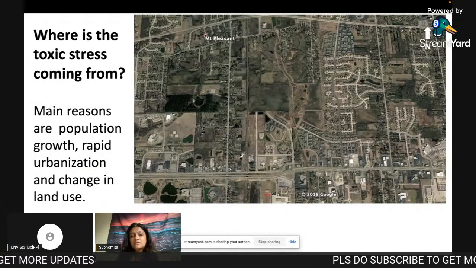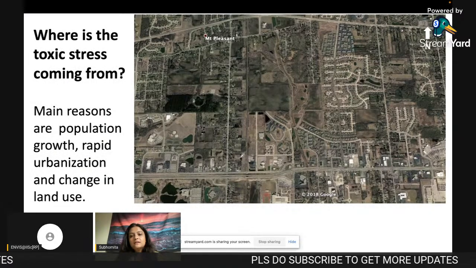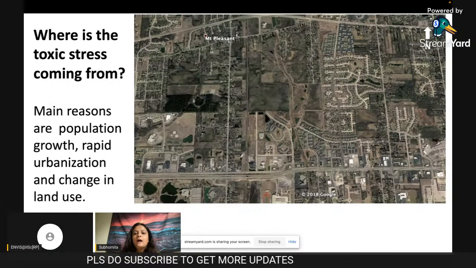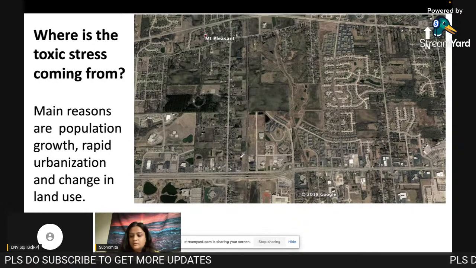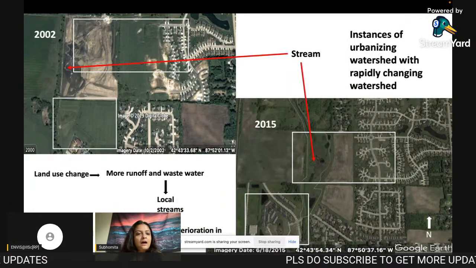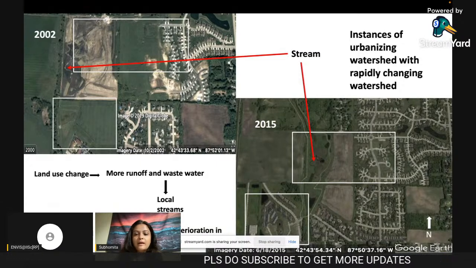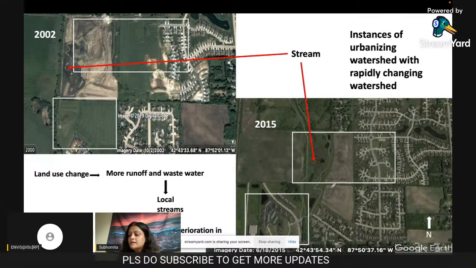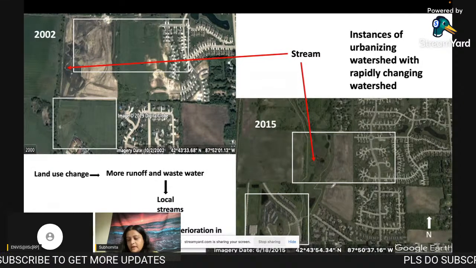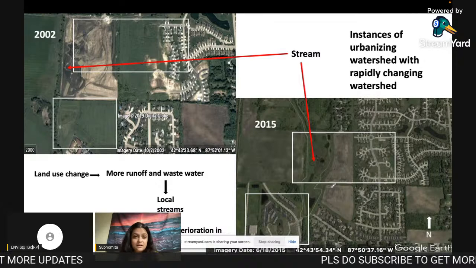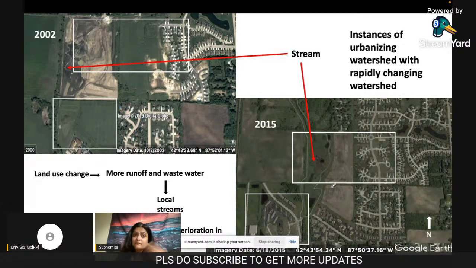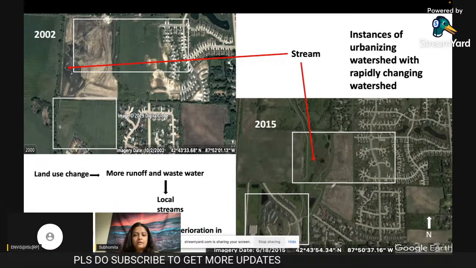The reason I chose this watershed is, like I said, it is rapidly urbanizing, with lots of land use changes, and barely any undeveloped land left. Like you can see, this is the stream, and because of this urbanization, this watershed went through a lot of problems, because it was generating a ton of floods in that area, and damage of property and agricultural lands, because there were not enough stormwater retention areas.